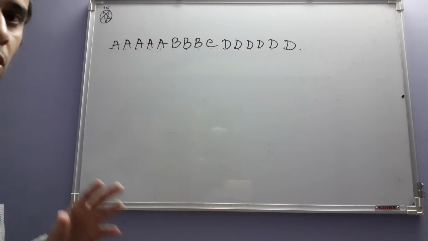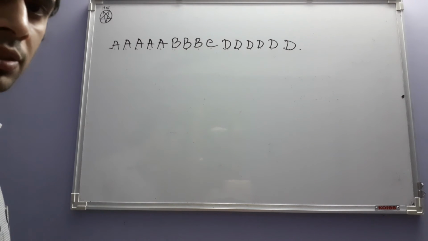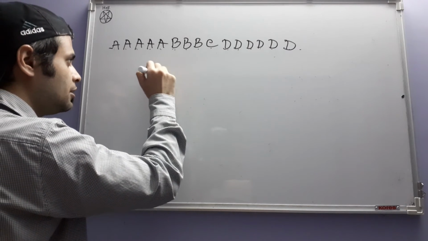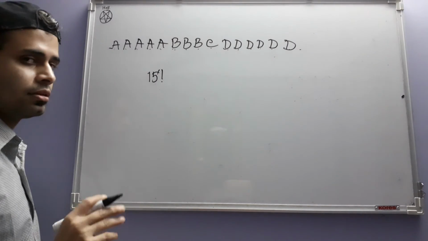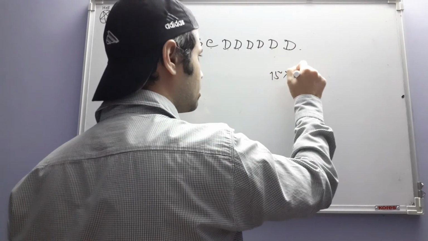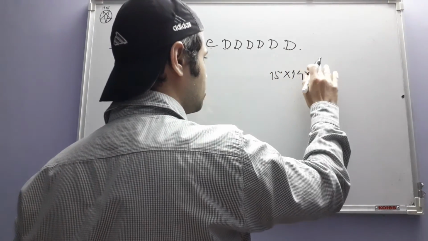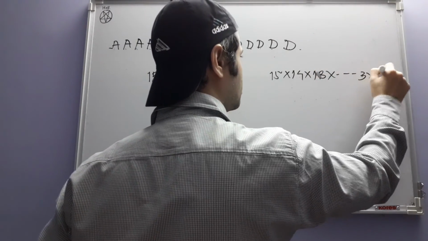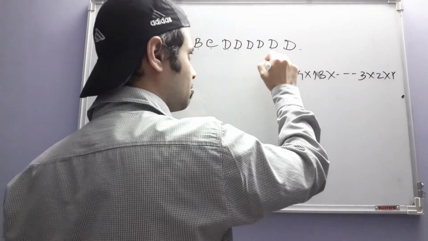So 15 objects. Had they been distinct, the number of permutations would have been 15 factorial. Recall that it's actually 15 times 14 times 13, and it will go like that till it hits 3, 2 and 1.